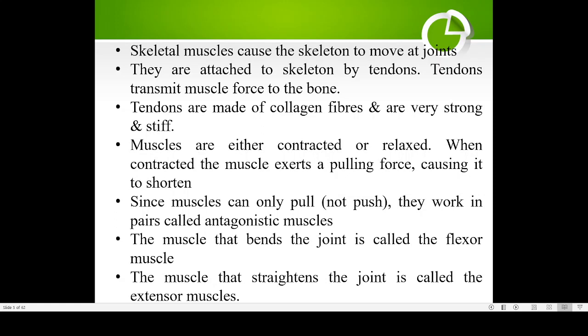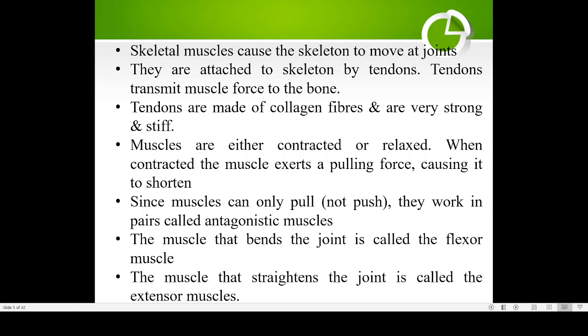The contraction of the muscle causes a pulling force, causing it to shorten. When a muscle is contracting, this is the length of the muscle; when it contracts, this total length will be reduced to a smaller size. So that is what is happening in a muscle.